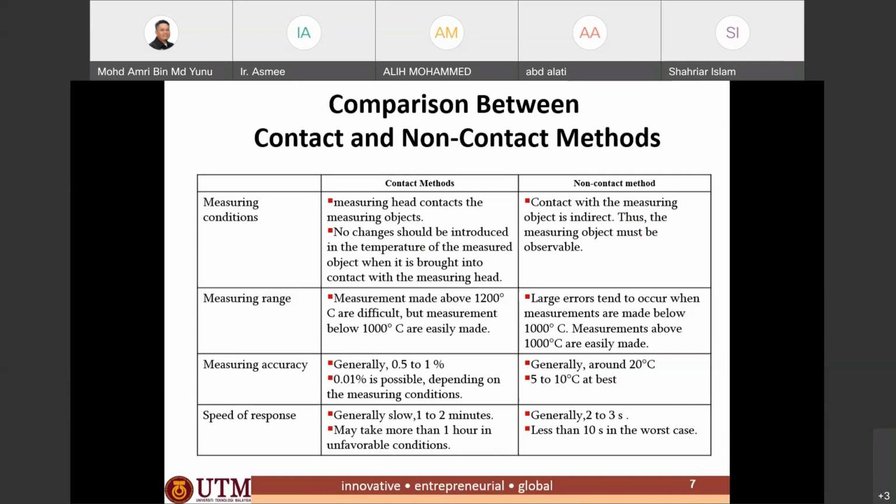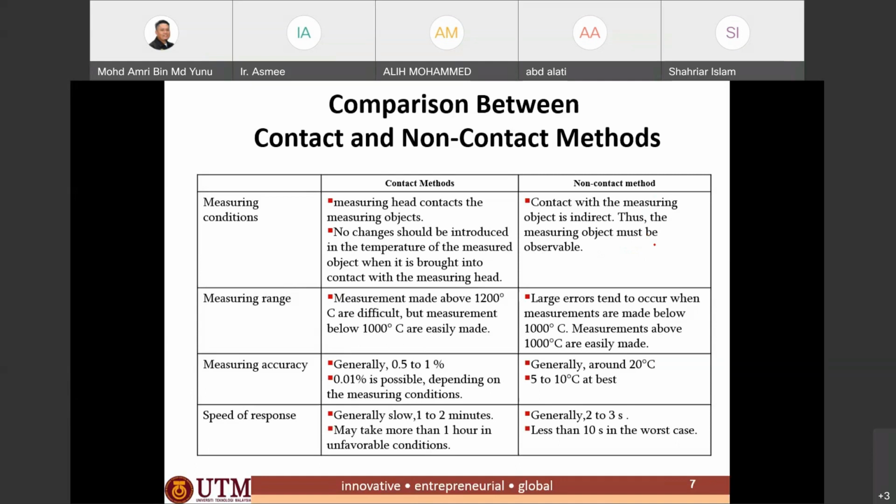Okay. For contact, the contact with the measuring object is direct, but basically the sensor must be inside. Whereas for non-contact, the measurement must be facing directly to the object.